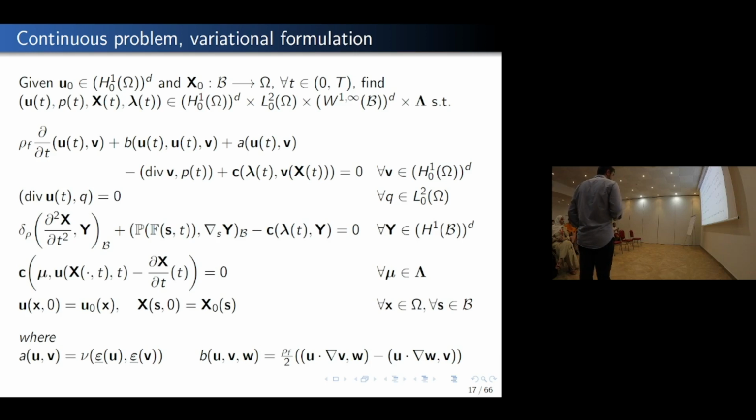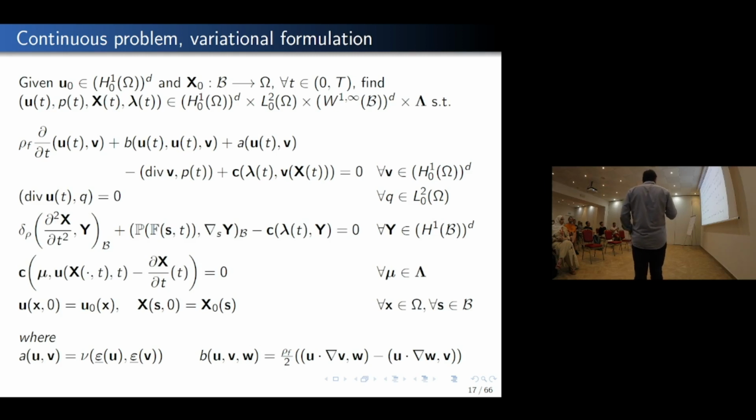So basically, the first equation is the variational formulation of the Navier-Stokes equation, with in addition the coupling term. Then we have the second equation, the compressibility condition.